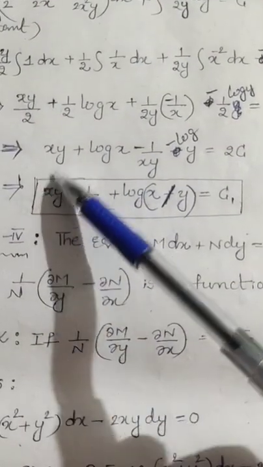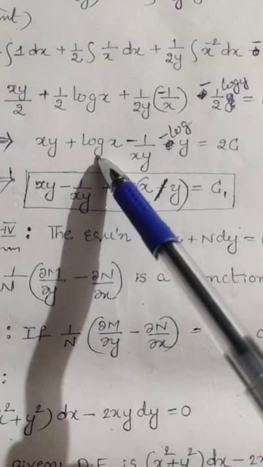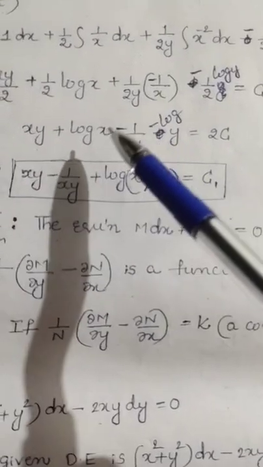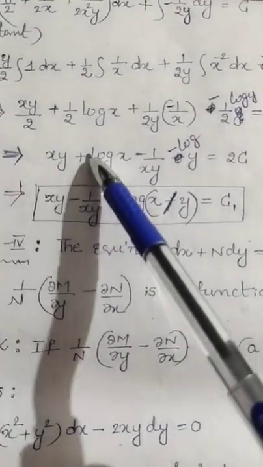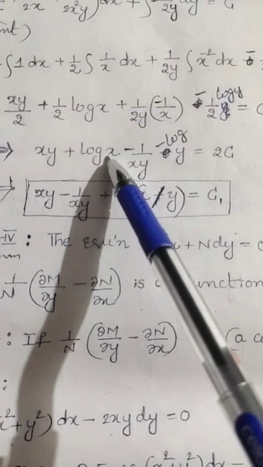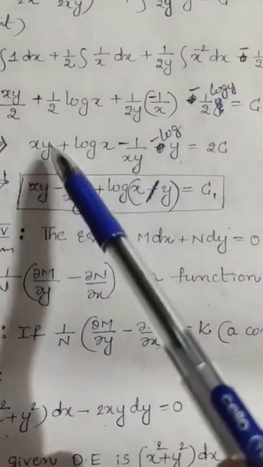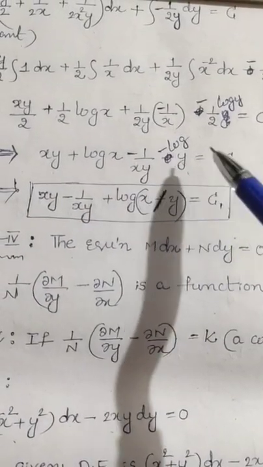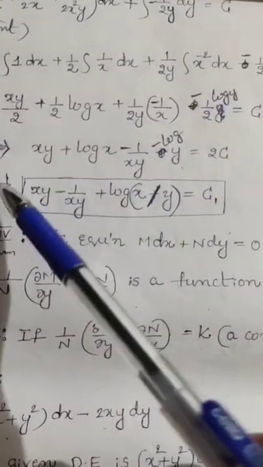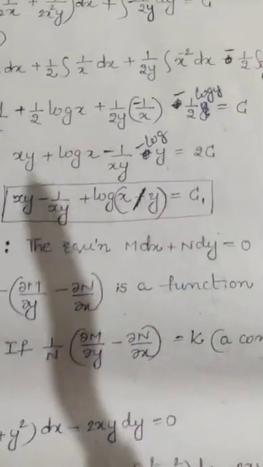Now taking the LCM and taking 1/2 as common: xy plus log x minus 1/(xy) minus log y equals 2c. Then by cross multiplication, xy plus log x minus 1/(xy) minus log y equals 2c.